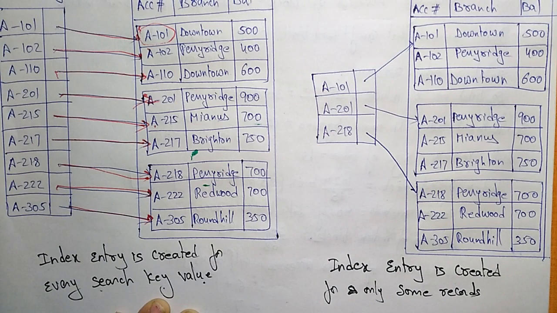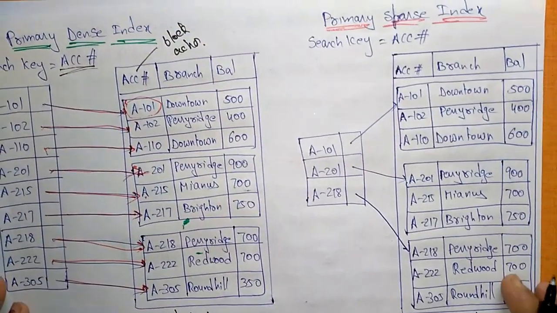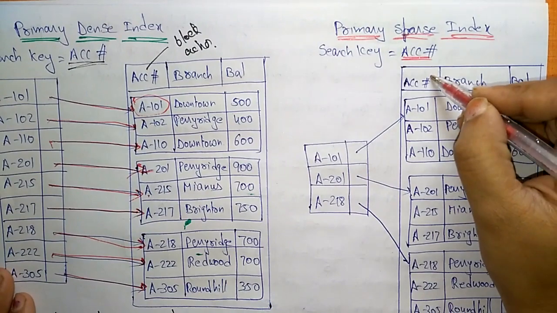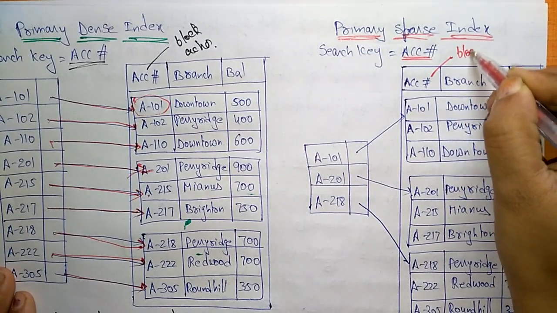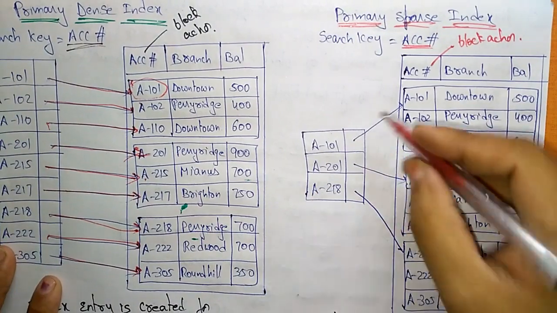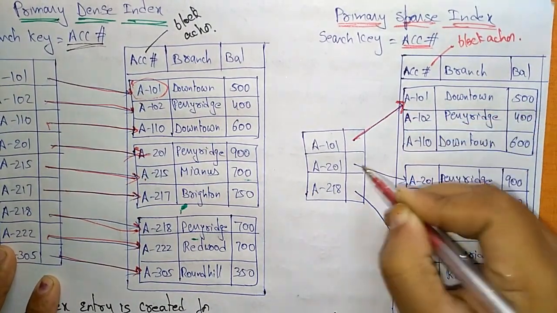Here the index is created not for all the records, only the first record of every block has an entry made. So here you can observe the search key value is account. I said this is the block anchor. So the index entry is created only for the starting record of each block.